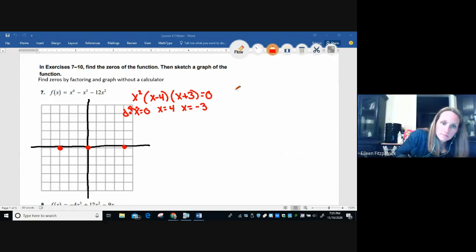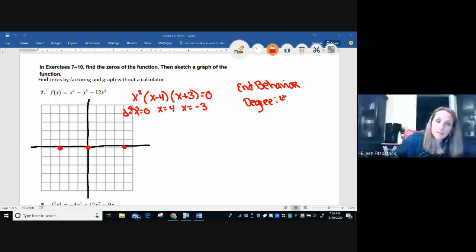Okay, so end behavior. We know from previous lessons to determine the end behavior, what we're going to look at is the degree and the lead coefficient. Okay, so since my degree is 4, which is an even number, we know that both ends are up or both ends are down because it models like a parabola, quadratic, right?